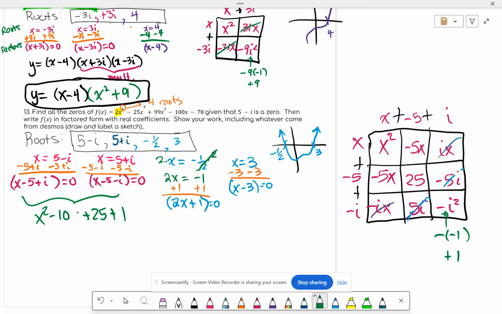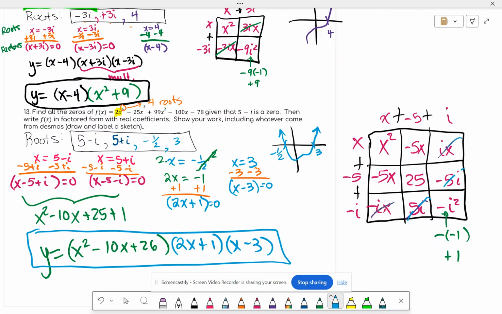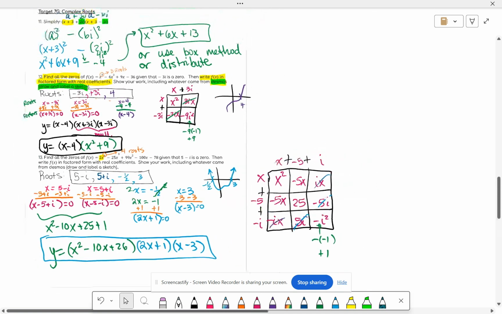So that gives me x squared minus 10x plus 26 for my complex roots, and then 2x plus 1, and then x minus 3. And it does not matter what order you put these in, but you just can't have the i's, so you do have to multiply those. And so that is 7g.